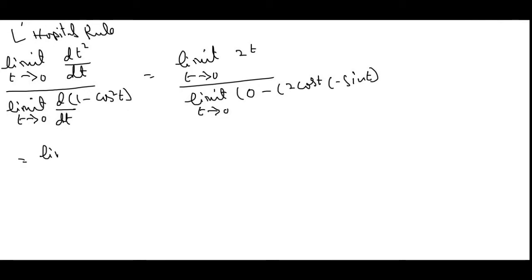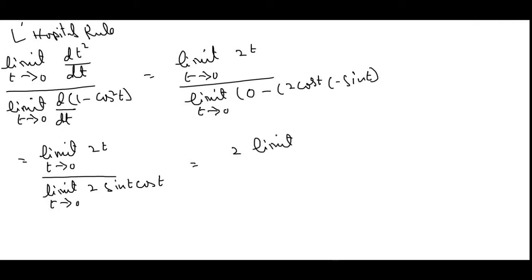So limit t approaches 0, this is 2t whole divided by limit t approaches 0, 2 sine t cos t, and again it will be 2 limit t approaches 0 t whole divided by 2 limit t approaches 0 sine t cos t.